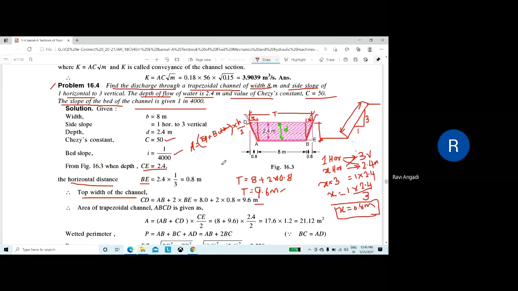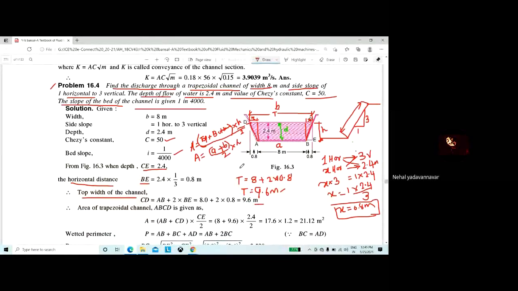I hope the formula is right. Yes, sir. You can take the bottom width as A and the top width as B. Then it will be A plus B by 2, correct? Into H. Yes or no? Correct? A plus B by 2 into H. Is it right?